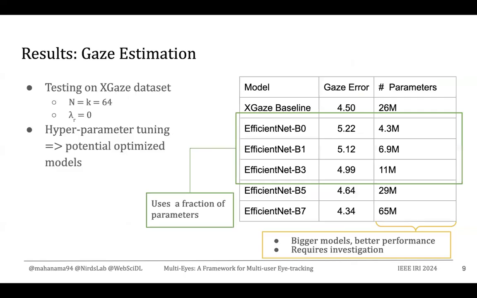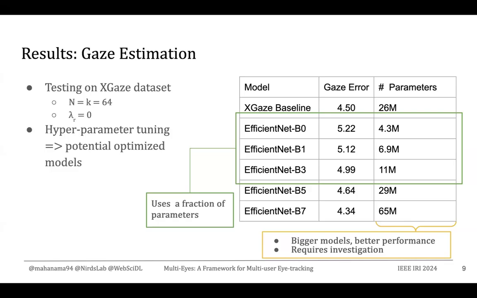So this brings us to the results of our study. Our first analysis was on the gaze estimation capabilities of our model. For our studies, we used a latent space with 64 dimensions with no reconstruction regularization. First, we tested the model with the XGaze dataset.